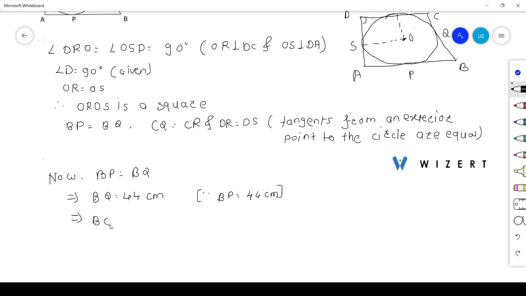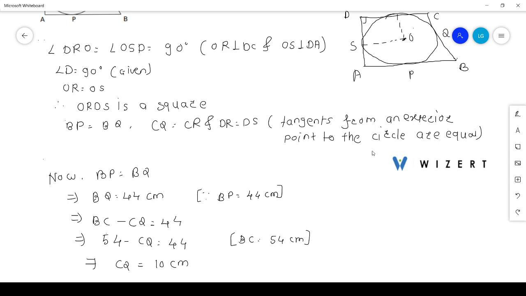BQ equals BC minus CQ. So, as BC is given as 54, 54 minus CQ equals 44. So CQ will be 54 minus 44, which means 10 centimeters.